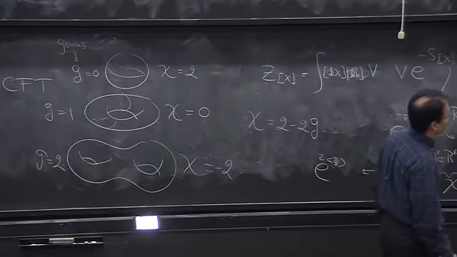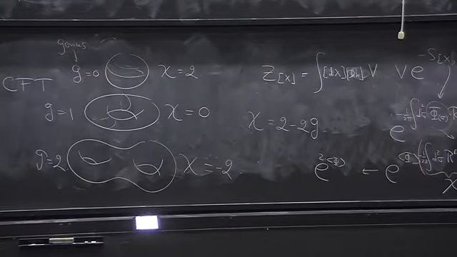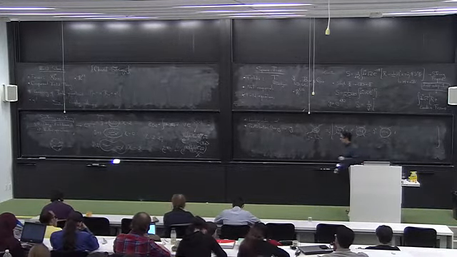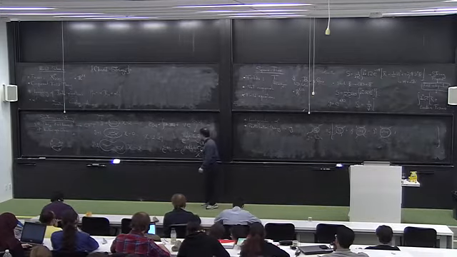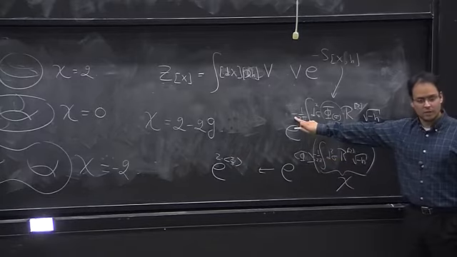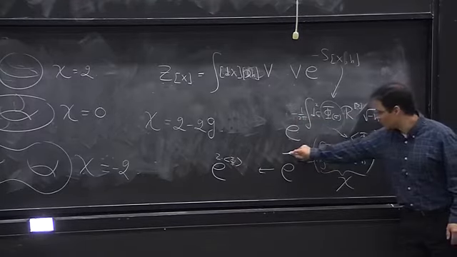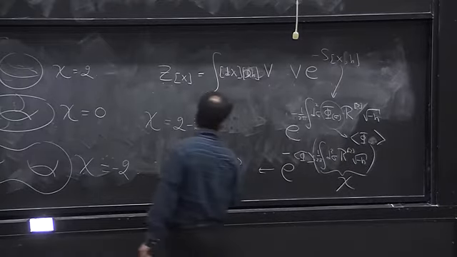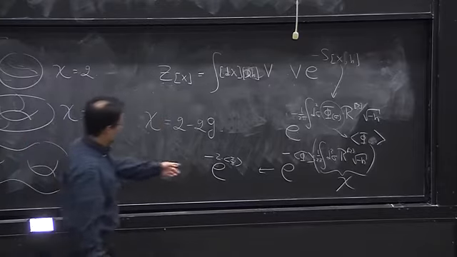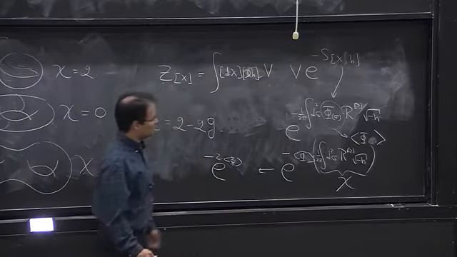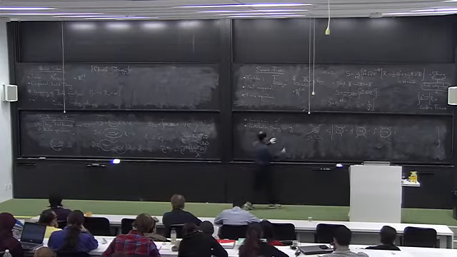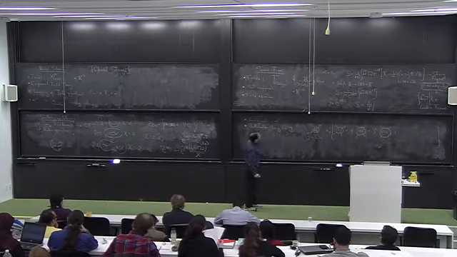Now, I'm probably missing a minus sign in my definition. When we compute this thing without this minus sign, it is the Euler characteristic. But remember that we had this minus sign here. So I have to put this minus sign. Okay? So the contribution for the sphere is minus e to the minus 2 phi. Now, using the definition I made there for G, remember this is not the genus. I should have called this differently.